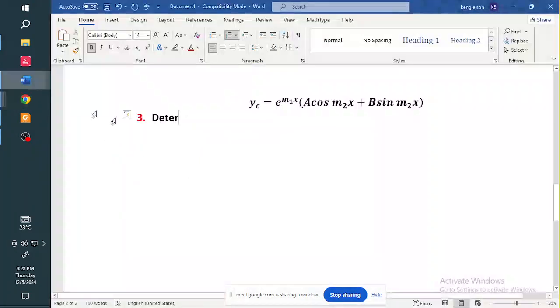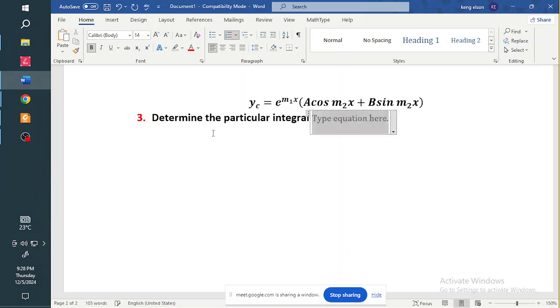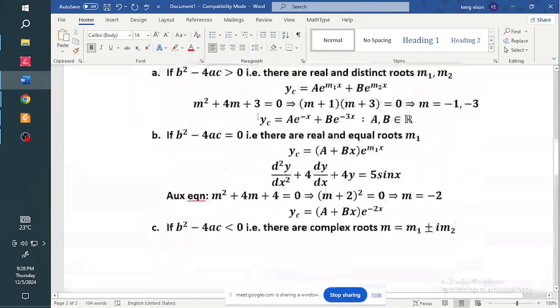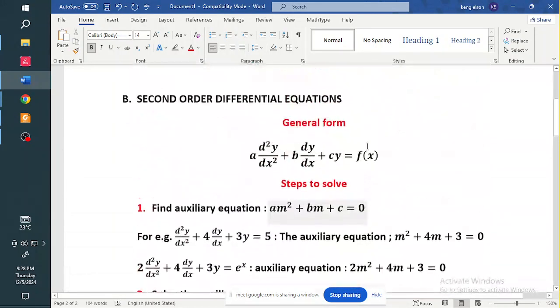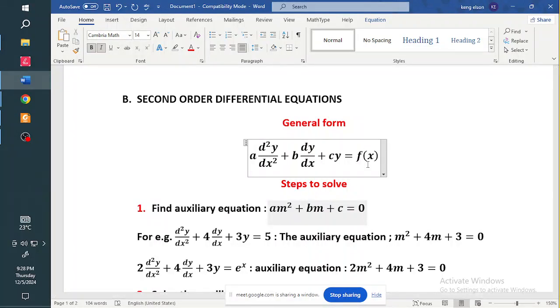Okay, now the third thing is determine the particular integral. We always call it YP. Now, since we began, you realize that we have not been touching f of x. So this is now when f of x comes into the picture, when we want to determine the particular integral.